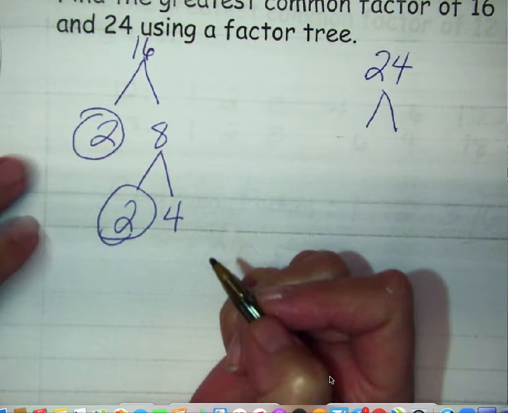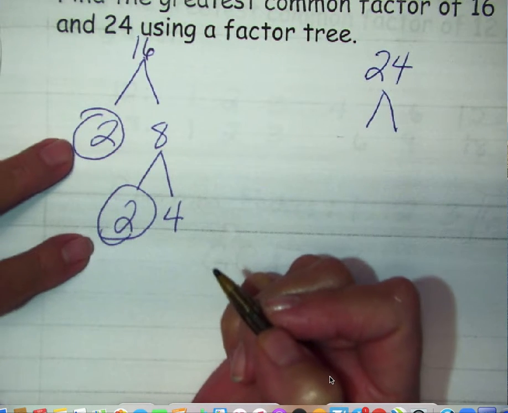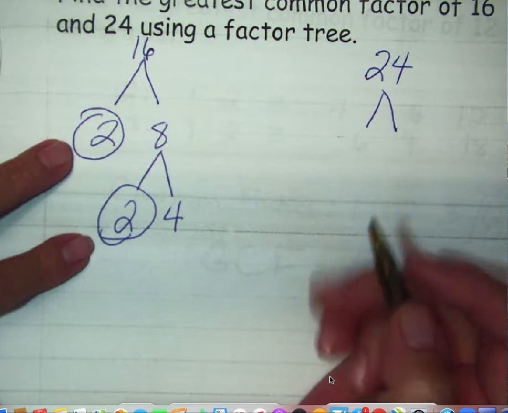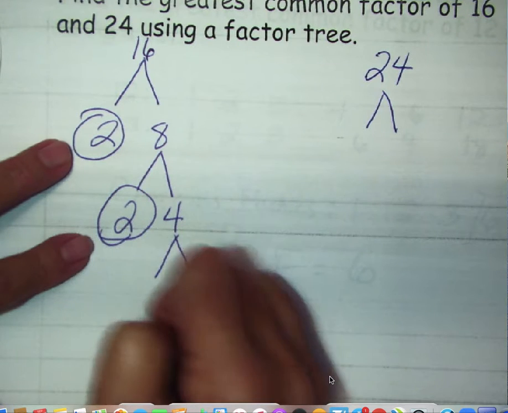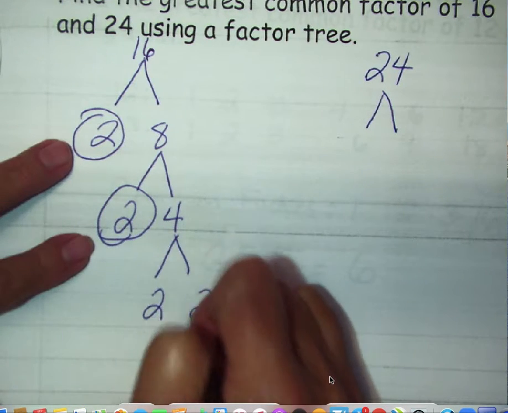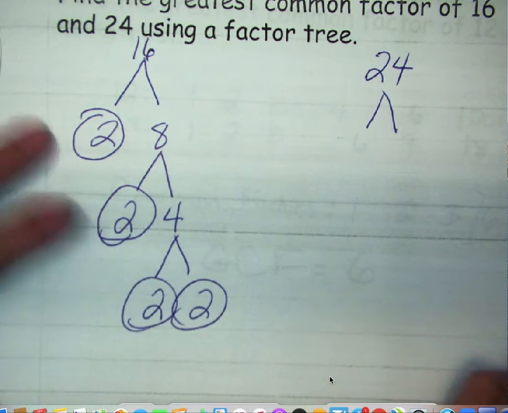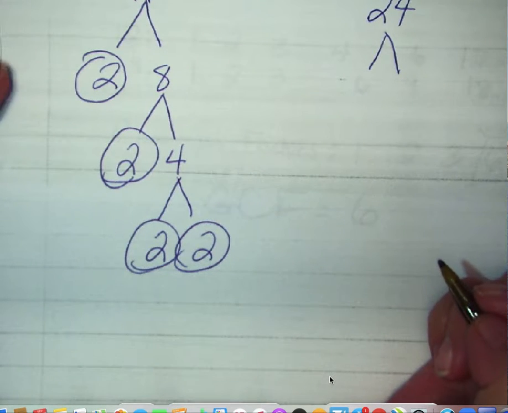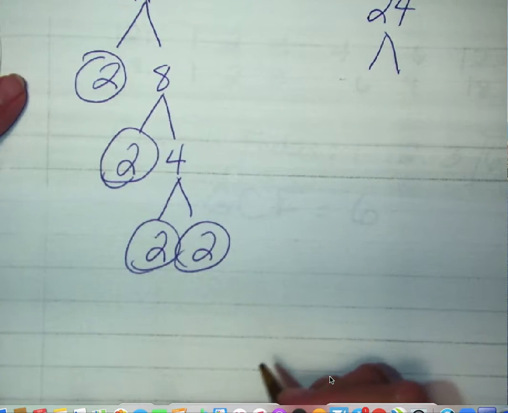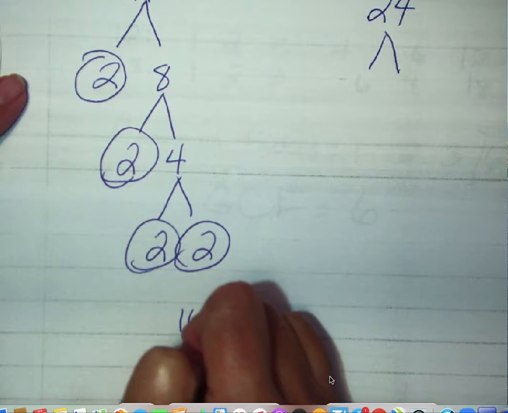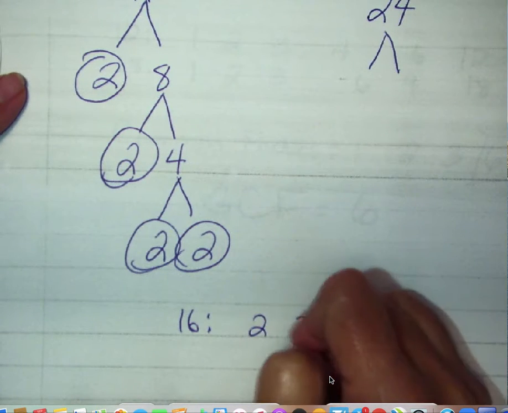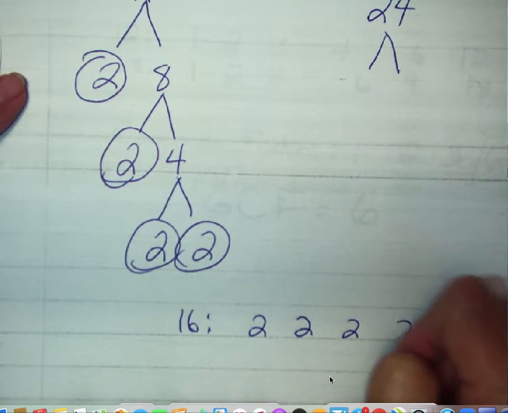I can't factor it anymore. And that's why I'm going to circle it. Okay, 2 and 2. So my prime factorization of 16 is 2, 2, 2, and 2.